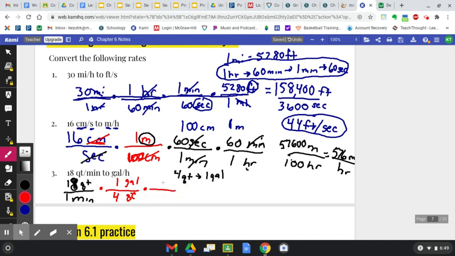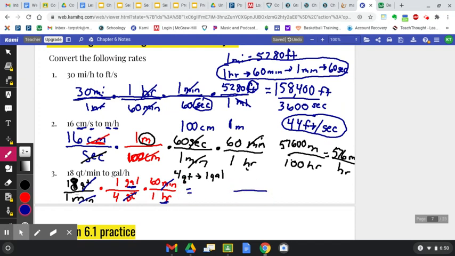My conversion, the minutes would have to go on the top and the hours would go on the bottom. And I know there's 60 minutes per hour. So canceling out units, right? The minutes on the bottom, minutes on the top, quarts on top, quarts on bottom. So if we look, my unit that's left is gallons per hour.